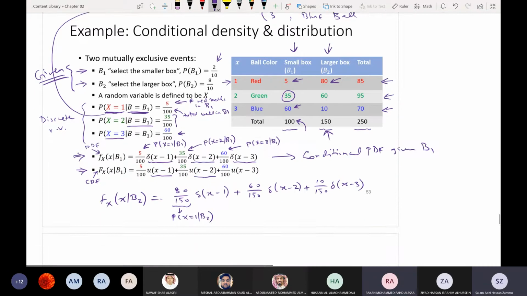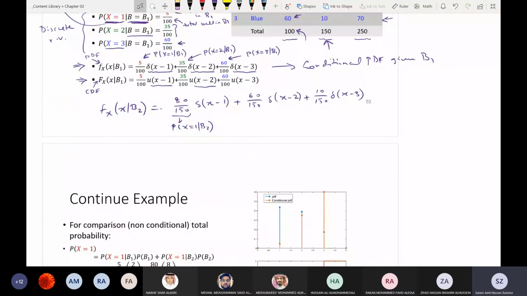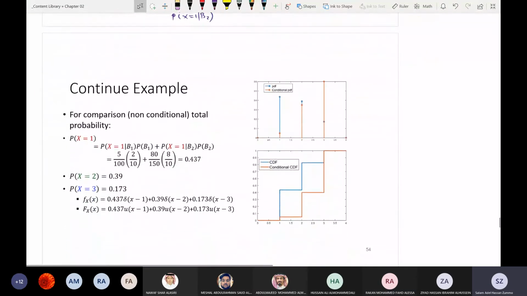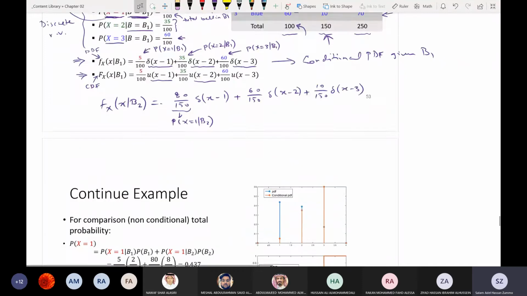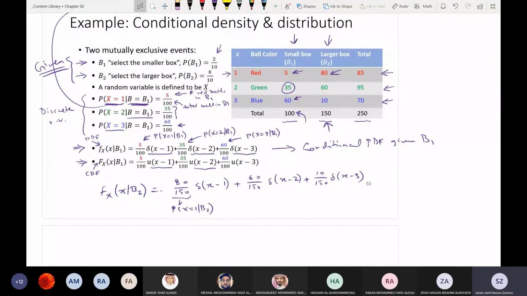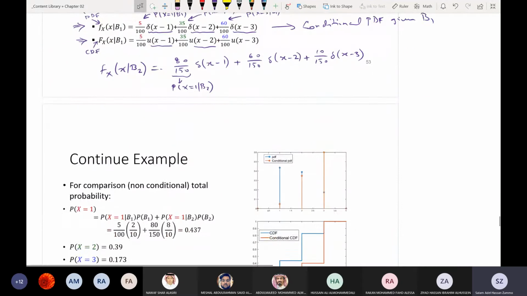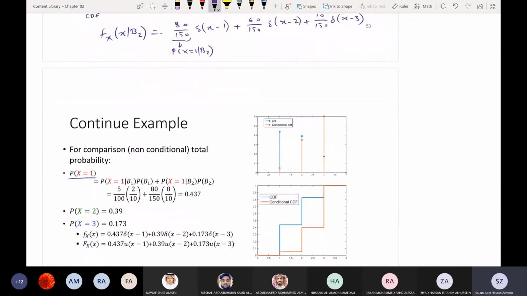Now let's compare this with the non-conditional PDF and CDF. Non-conditional means, without knowing which box I selected, I ask the following question. What is the probability that x equals 1? This is non-conditional.